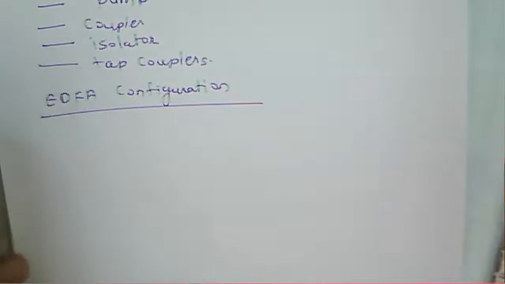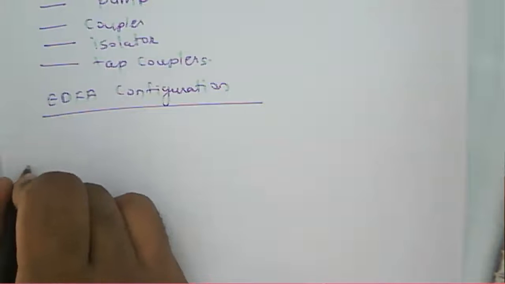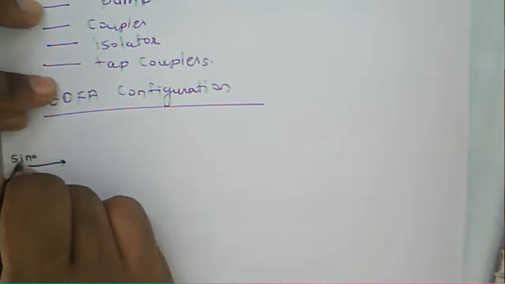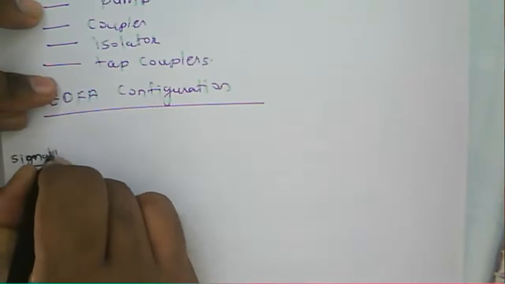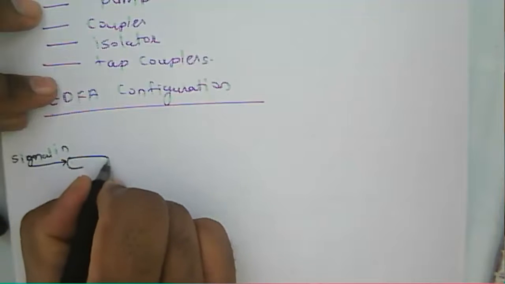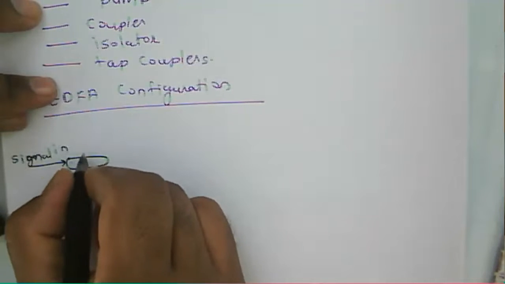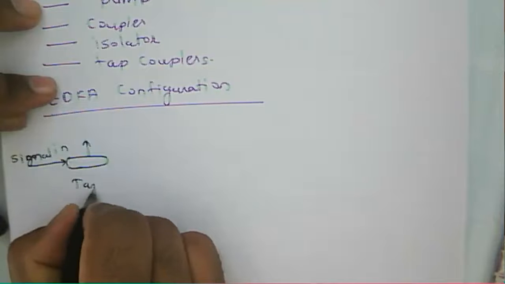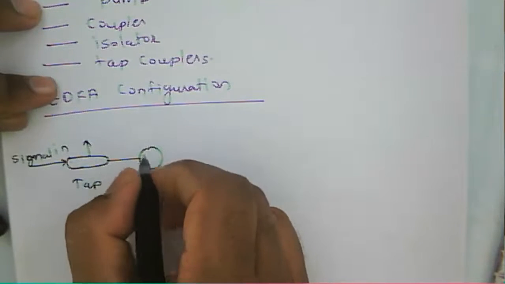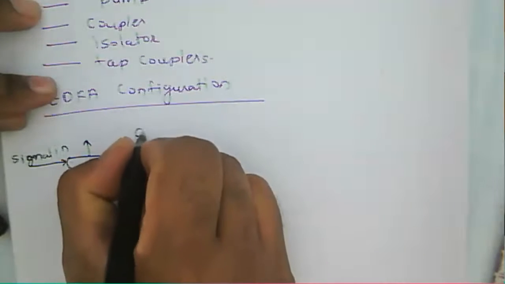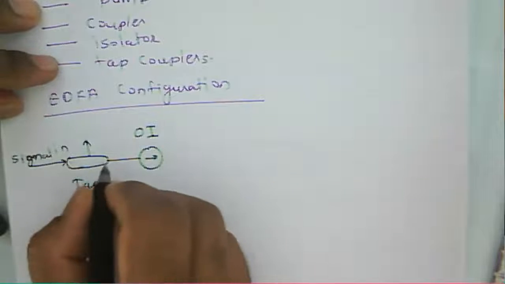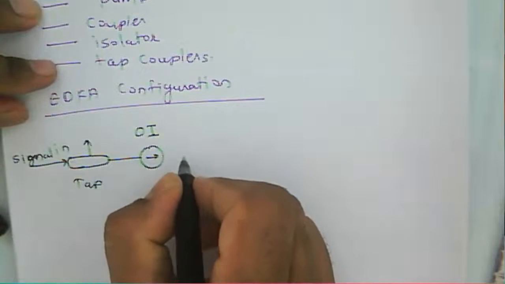In this configuration, we have a signal in, then we consider a tap here, and then we use an optical isolator, OI, with only one way communication taking place, in one direction that the light is propagating.